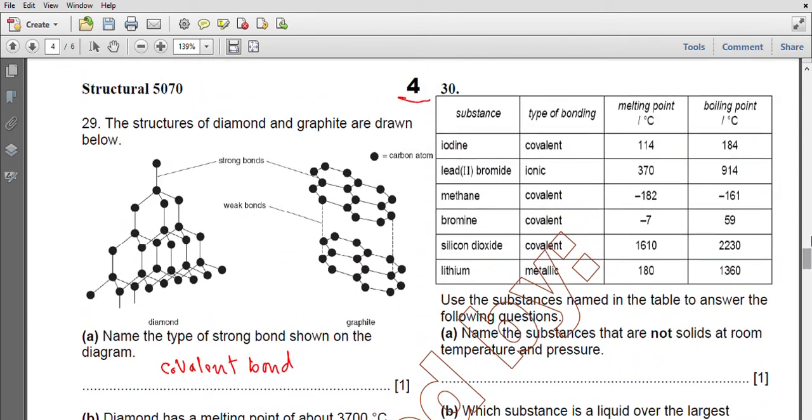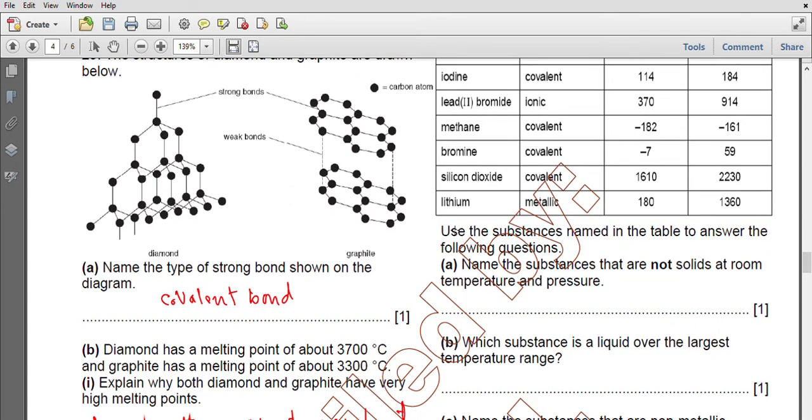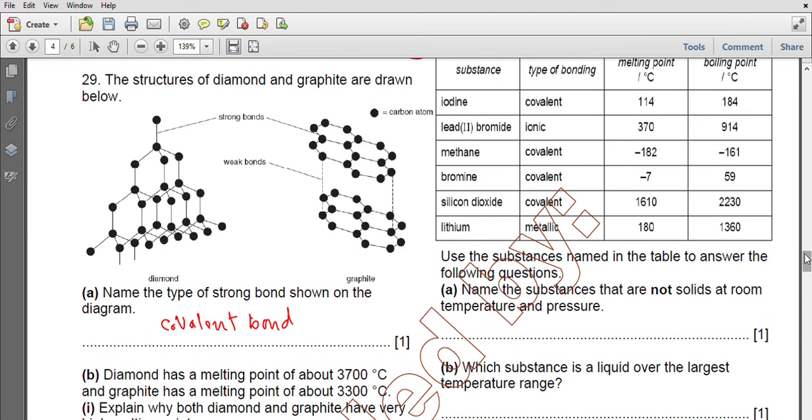Next part is related to a table having some information, and we have to choose by reviewing the information in the table and answering the question at the end. Here the question is, name the substances that are non-solid at room temperature. For this part you have to remember anything which has a lower melting point than room temperature will not be solid at room temperature.